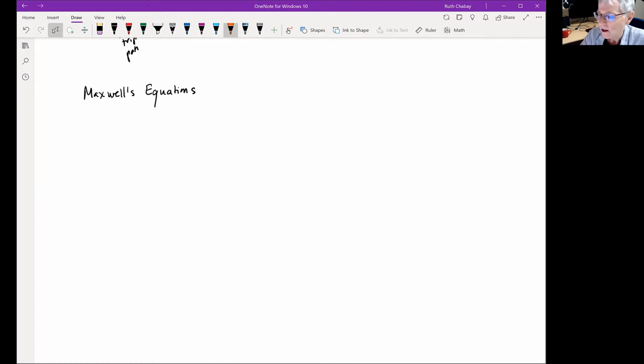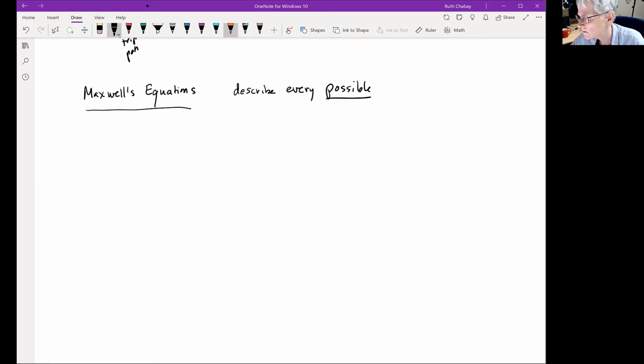And Maxwell's equations are powerful because they describe every possible configuration of electric and magnetic field.